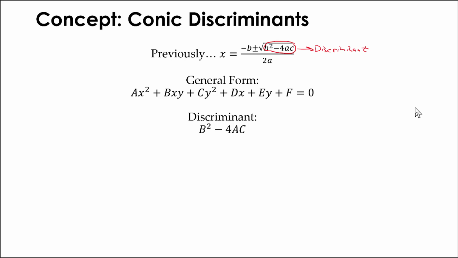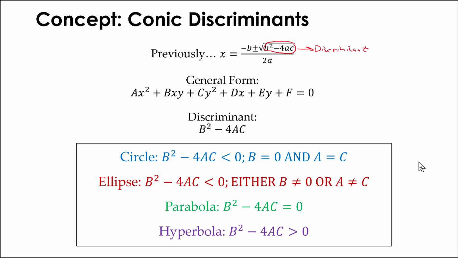But now I'm taking my A, B, and C directly from the general form equation and plugging them in. I can tell what type of conic I'm dealing with depending on what the discriminant is. If the discriminant is less than 0, then I'm working with either a circle or an ellipse.